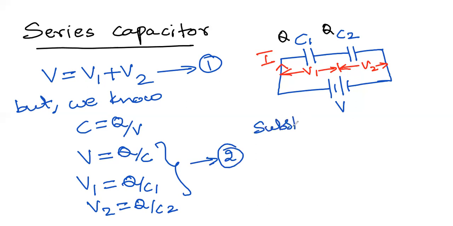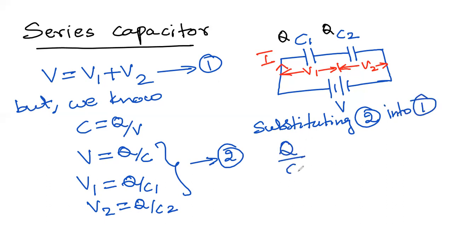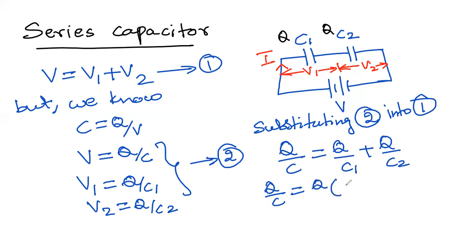Substituting 2 into 1, we get Q over C is equal to Q over C1 plus Q over C2. So Q over C is equal to, if I take Q as a common factor, 1 over C1 plus 1 over C2.